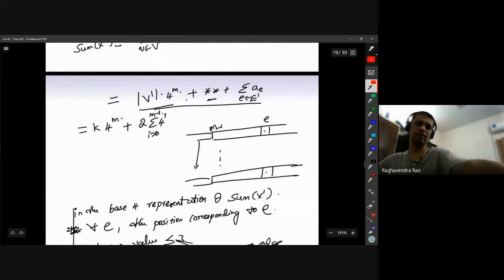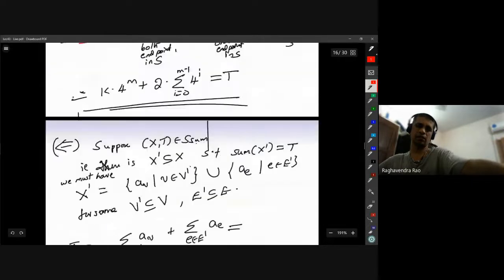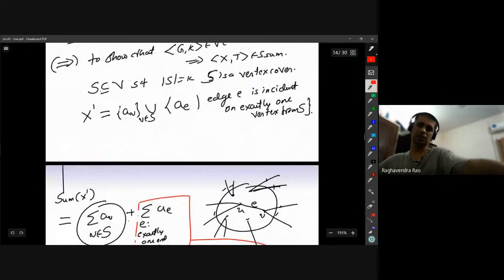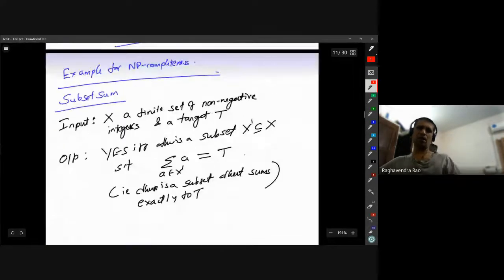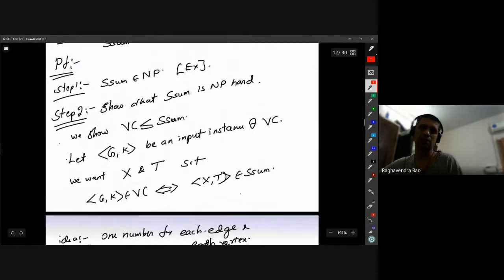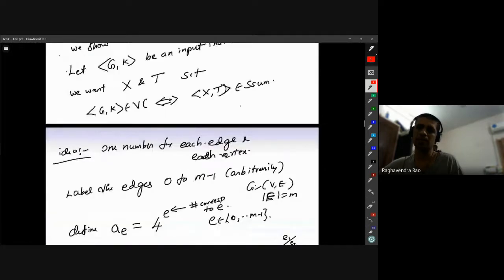So basically we reduced vertex cover to subset sum. Hence we know that subset sum is NP hard, and we have already seen a witness characterization. In fact, I gave it as an exercise, the witness characterization for subset sum. So that means subset sum is NP complete.